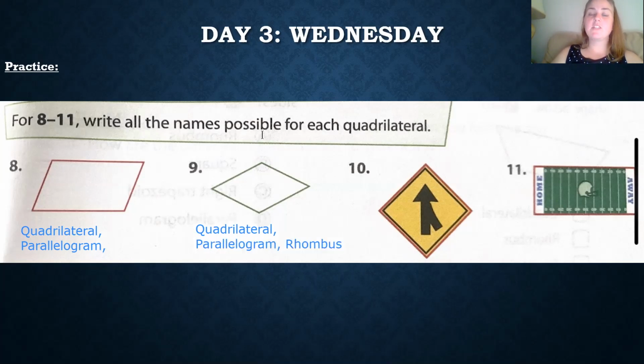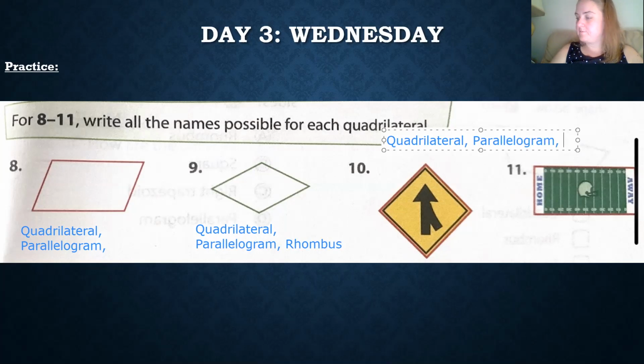Okay, number 10. There's a lot going on with number 10. So we're going to start with the easiest one. Number 10, we know it's a quadrilateral. Is it a parallelogram? Yes, because the opposite sides are parallel. Is it a rhombus?